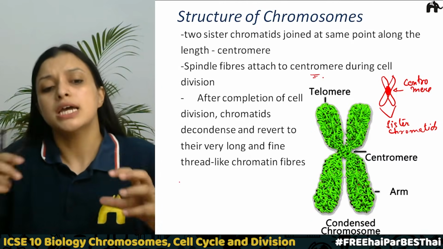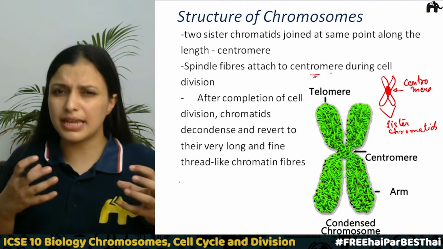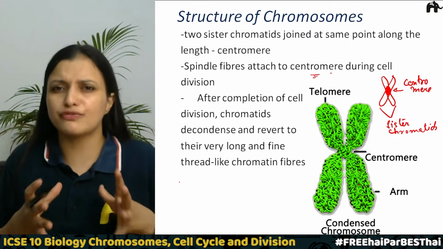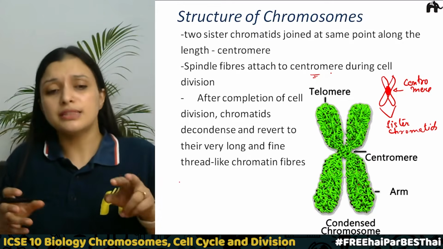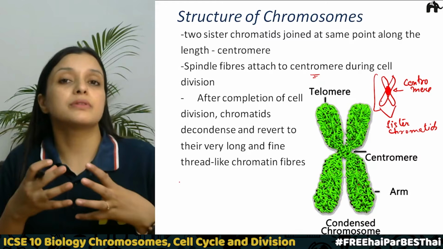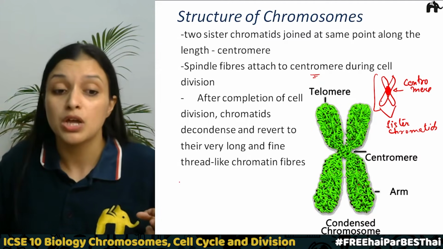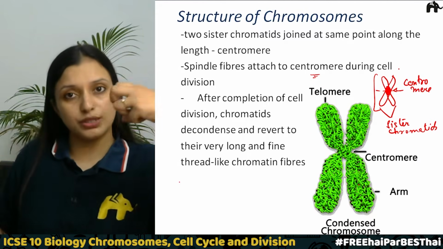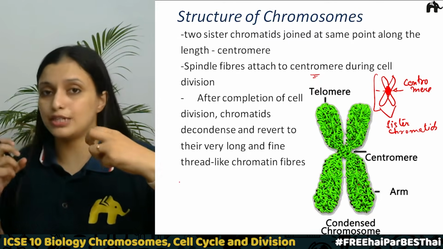First, these chromosomes are just like the chromatins, like the Maggi noodles, like a bunch of thin long threads which are just coiled around each other. Then they will condense and look like this, and after that there will be stages when this chromosome will split into half. This half portion will go to one side of the cell, and the other half will go to the other side of the cell, right?